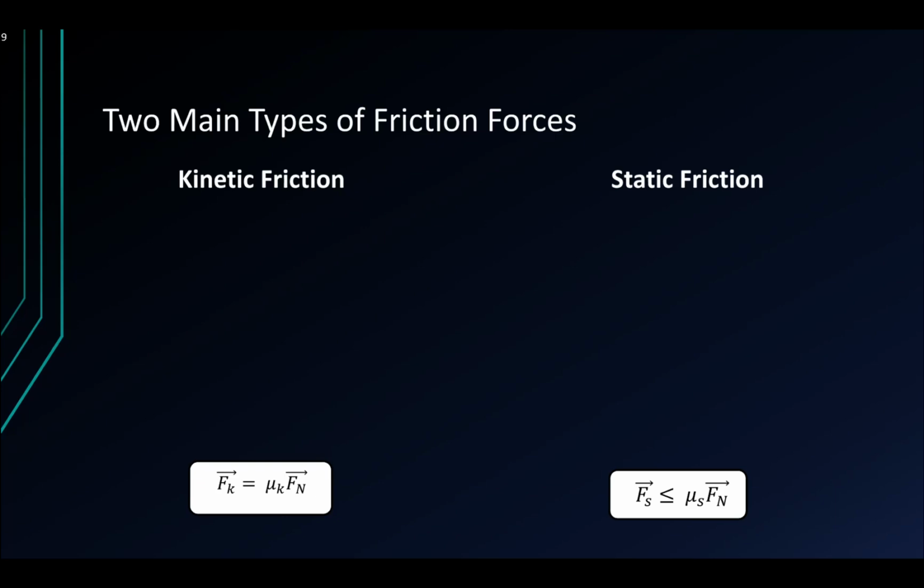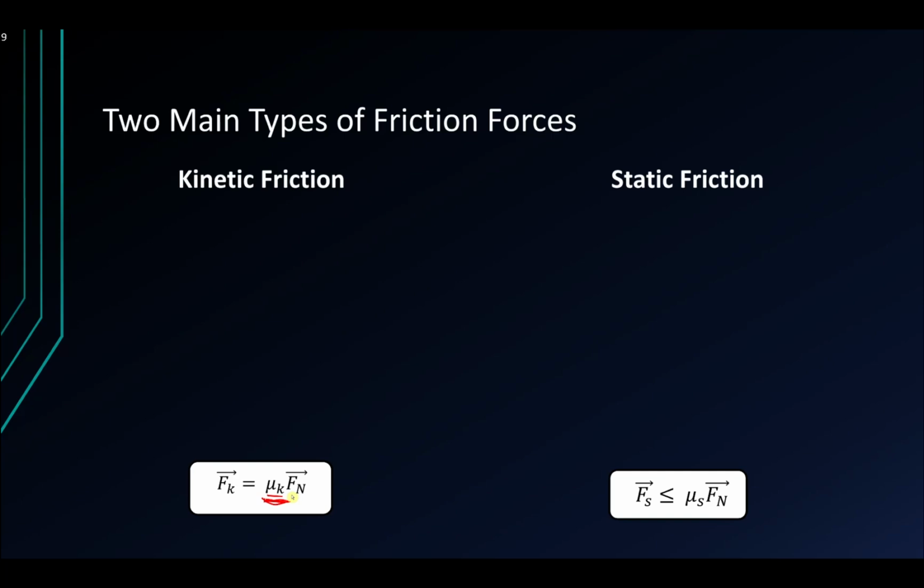So with kinetic friction, the force of kinetic friction is equal to mu sub k, the coefficient of kinetic friction. This is the Greek letter mu, and the sub k just tells us that this is the kinetic friction. And then it's multiplied by the normal force. Why is it multiplied by the normal force?